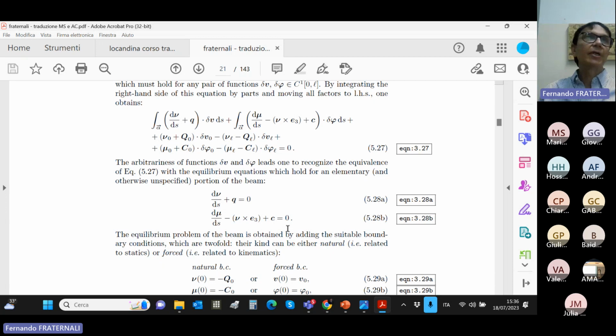While the second equilibrium equation is the classical equilibrium equation, also valid for straight beams.